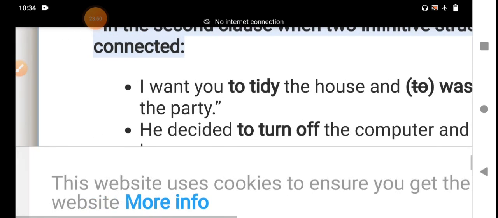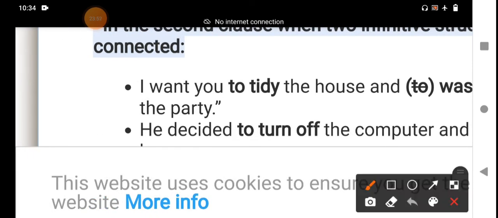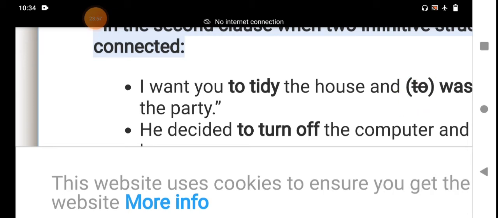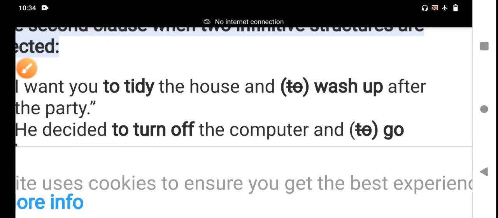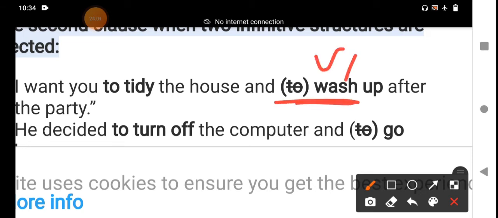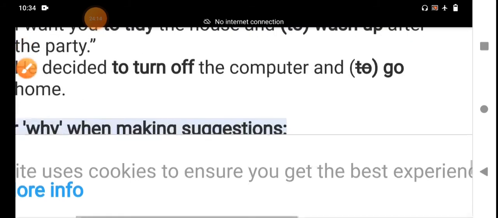We should use only the bare infinitive in the second structure. He decided to turn off the computer and go, not to go. We used the bare infinitive here also.